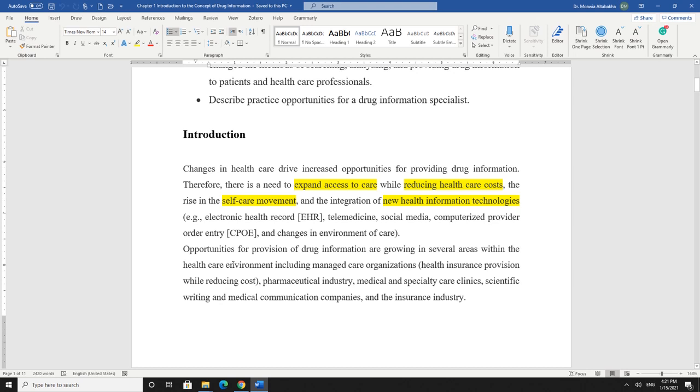Another thing where you are important as a drug information specialist is that there is a rise in the self-care movement. Now many of you probably, as second year students, and maybe the public, are sharing information through WhatsApp, for example, or getting information from the internet, and trying to apply that to themselves using maybe OTC drugs and products.